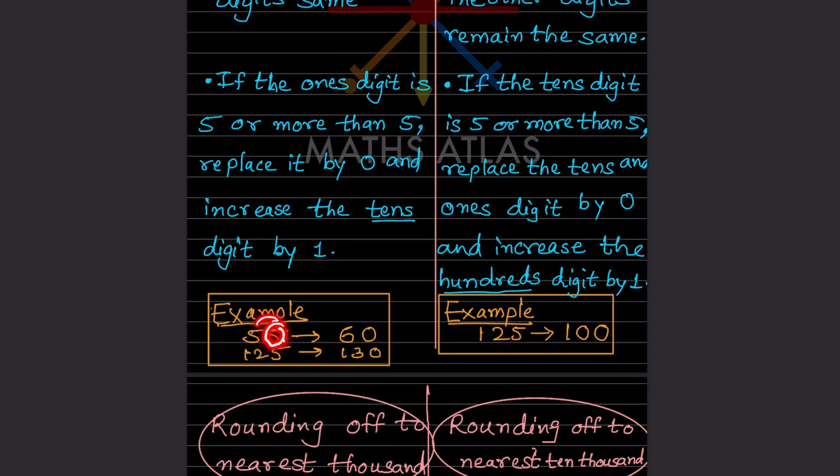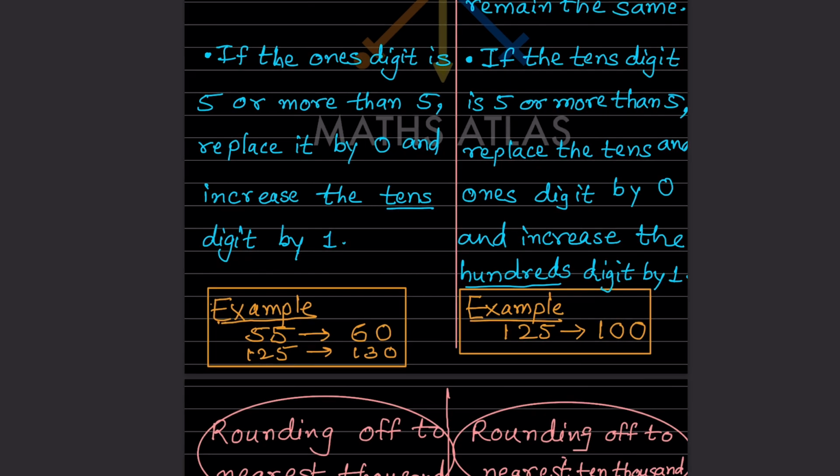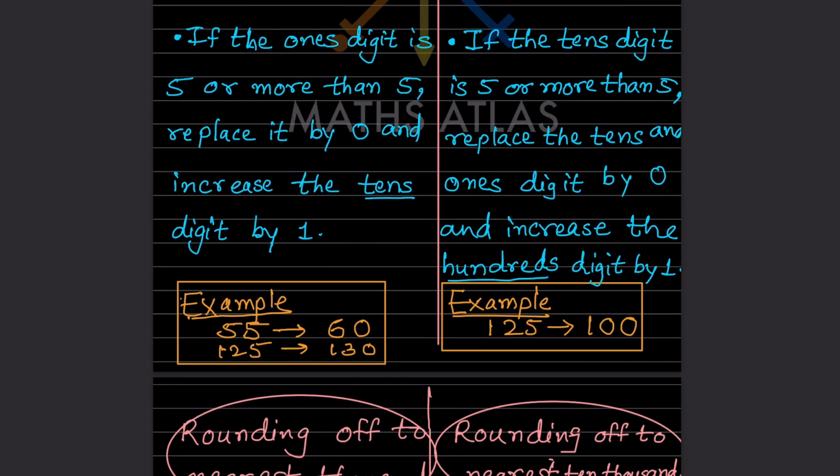In this 5 place, you are going to put 0, and the tens will be plus 1. So 5 plus 1 is going to be 6. So the answer should be 60. Now look at the next one. When you look at it, you say, oh, you see the hundreds part in it. But here what you have to do is round to the nearest 10.